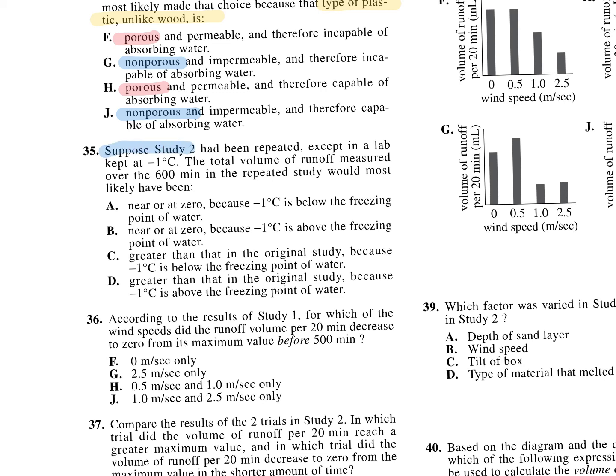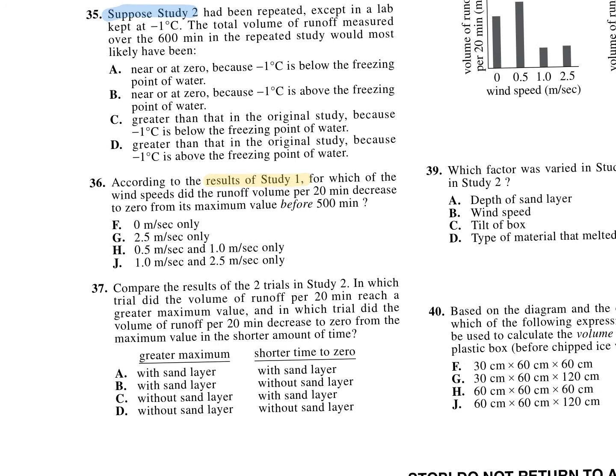Only study 2. Yeah, suppose study 2. 36. Results of study 1. Okay, so again, telling you where to go a little bit. This one, results of the 2 trials in study 2.